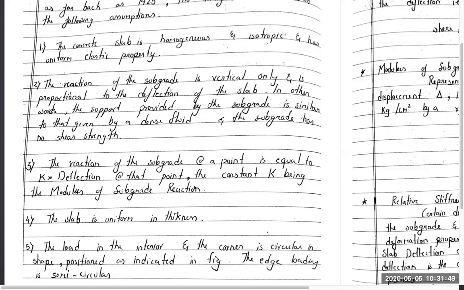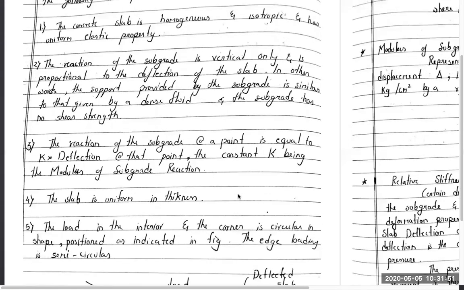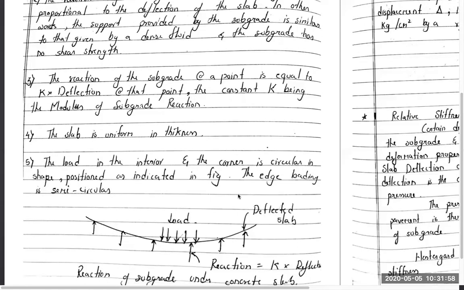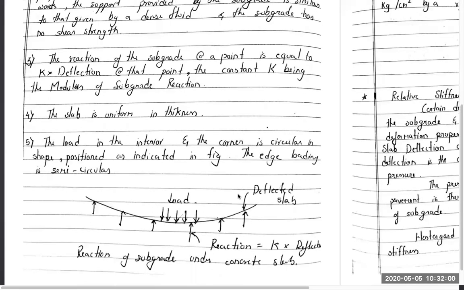point. So this was the third assumption, and the fourth assumption is that the slab is uniform in thickness. The fifth one: the load in the interior and corner is circular in shape. Whatever critical load position you saw, the load in interior and corner is circular in shape, and the edge loading is semicircle.